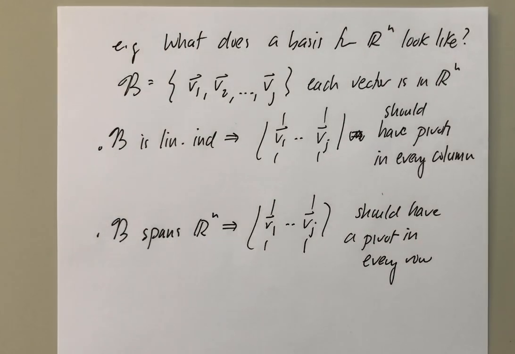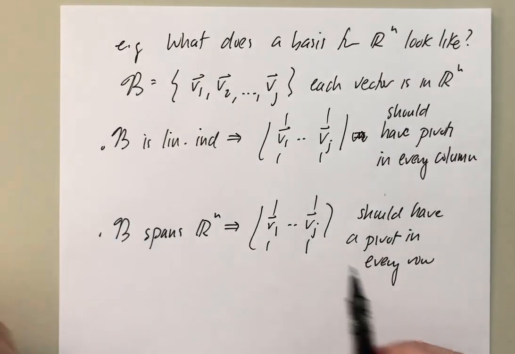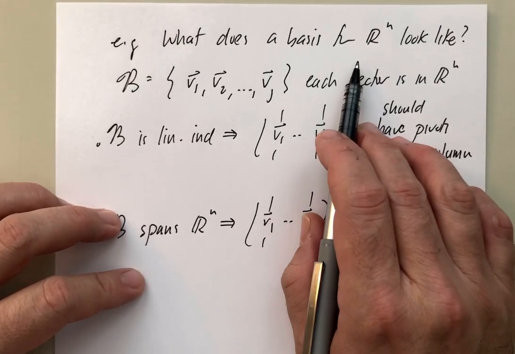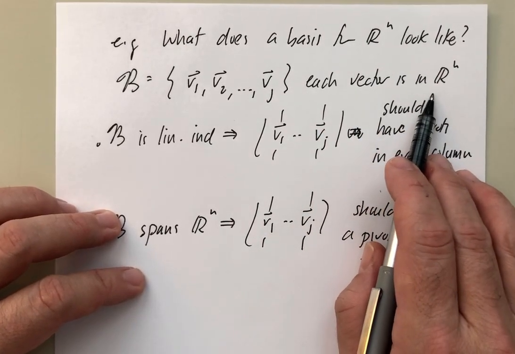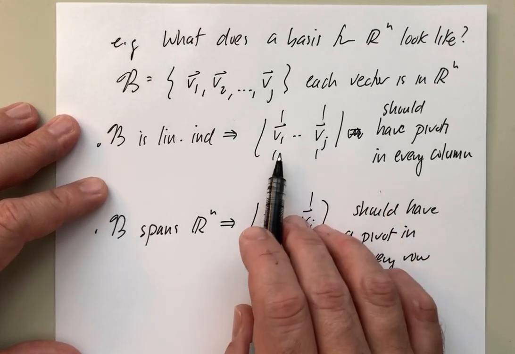Okay, well, let's see. So what is this telling us? This is actually putting a lot of constraints on what this should look like. These vectors should have n entries, and there should be a pivot in every column and a pivot in every row.